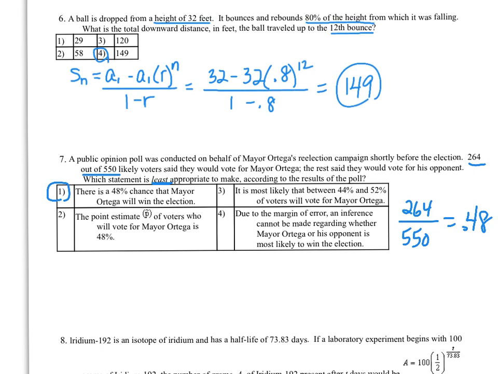But because they're saying there's a 48% chance, we can't say for certain that there's a 48% chance. It's an estimate that 48% of the people would likely vote for him. But if you look at the other 3 choices, that 48% will make sense for the other 3 choices. So those are true statements, but the one that's a false statement is choice 1.